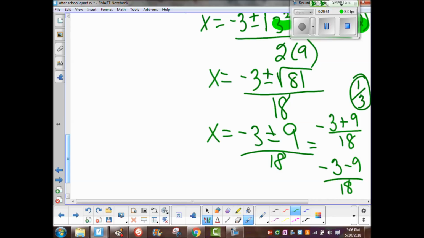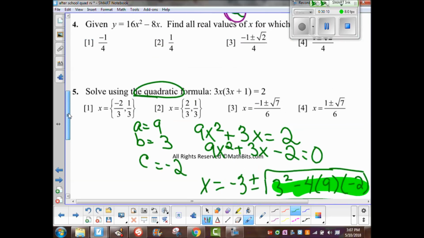And then negative 3 minus 9 is negative 12 over 18, which simplifies to negative 2/3. So it is choice number... Beautiful. All done.